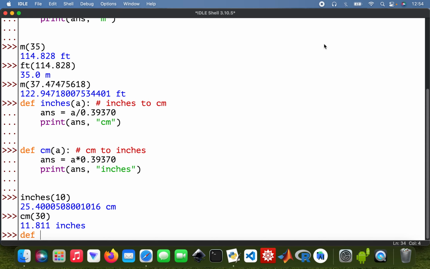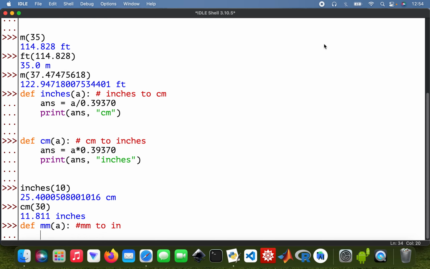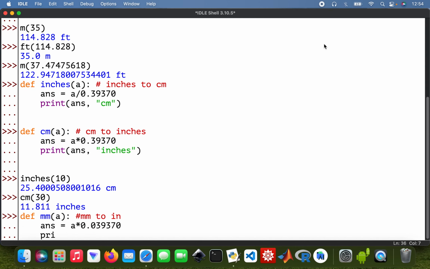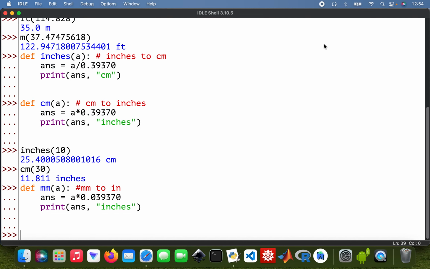So define my millimeters to inches as well, and then my answer will equal a times 0.039370. Then print my answer as well. Okay, cool.